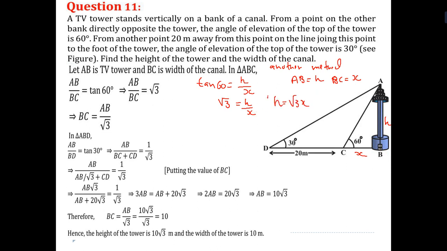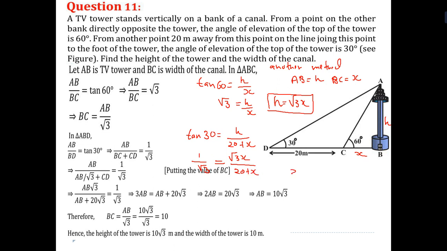That is the best way I am explaining it here. Now tan 30, that is H upon 20 plus x. Now tan 30 value, that is 1 upon root 3 is equal to value of H, that is root 3x upon 20 plus x.